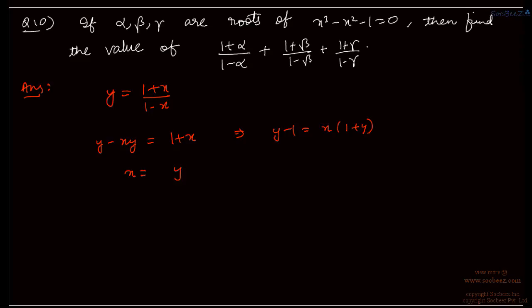That gives me x is equal to (y minus 1) by (y plus 1). Okay, so let's substitute this back in the original equation. That gives me ((y minus 1) by (y plus 1)) cube minus ((y minus 1) by (y plus 1)) squared minus 1 equal to 0.